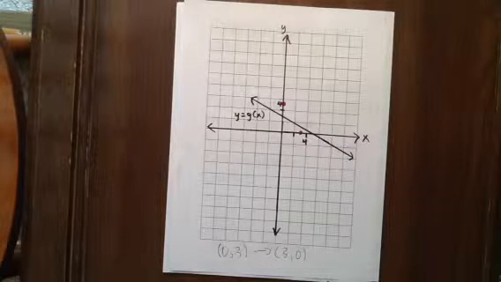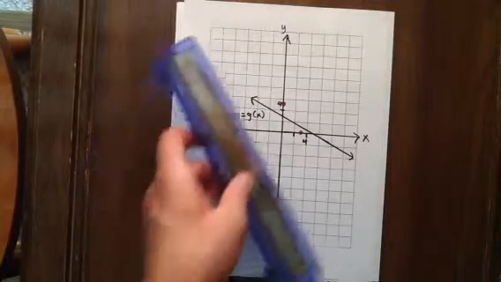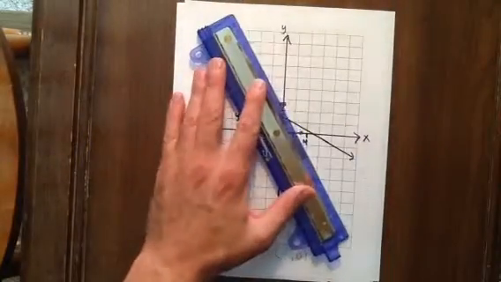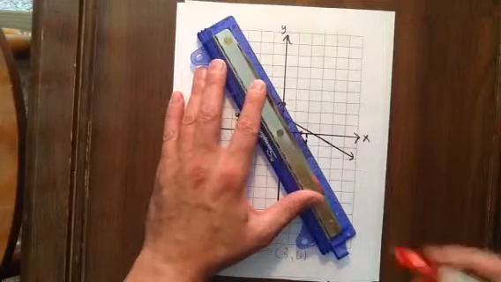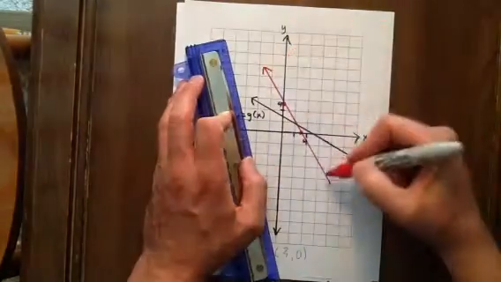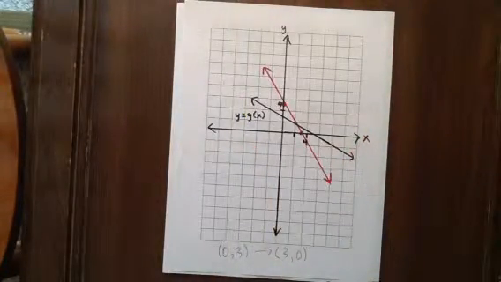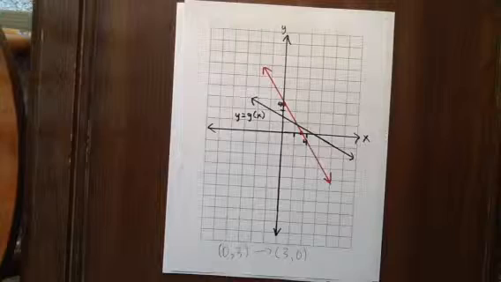Switching the x's and y's, we see that the image, or the reflection, or the inverse, will be a straight line containing the points (3, 0) and (0, 5). The inverse of a straight line is a straight line, and now we've graphed our inverse.